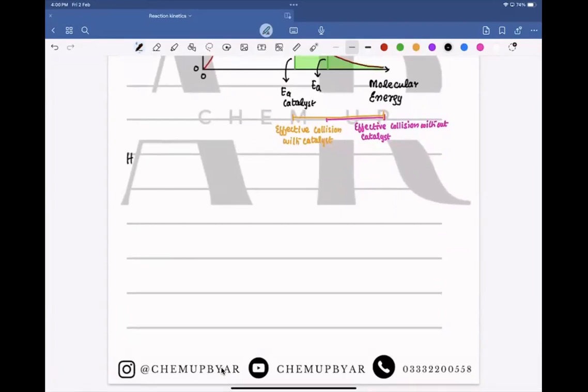So there are two types of catalysis. One is called homogeneous catalysis.